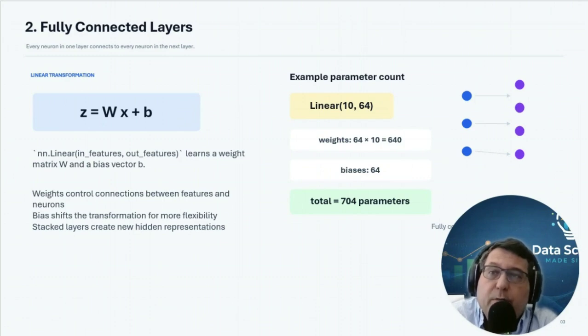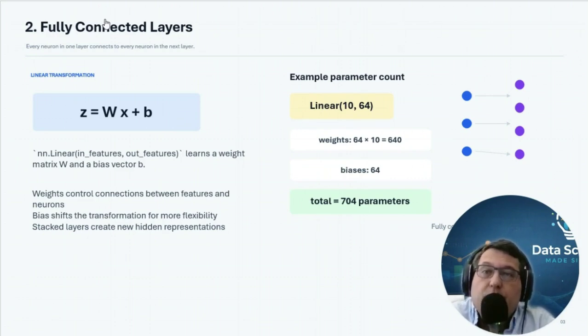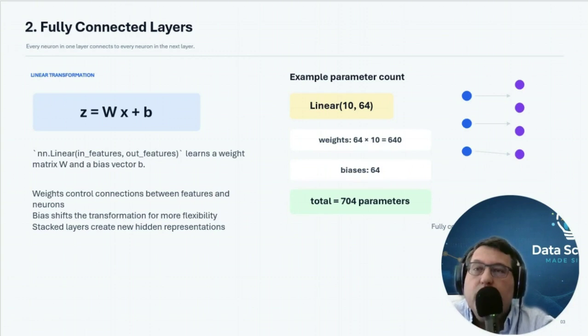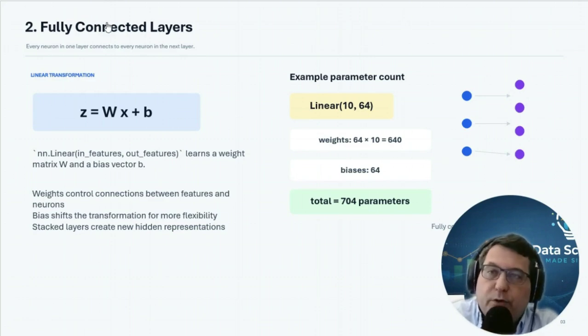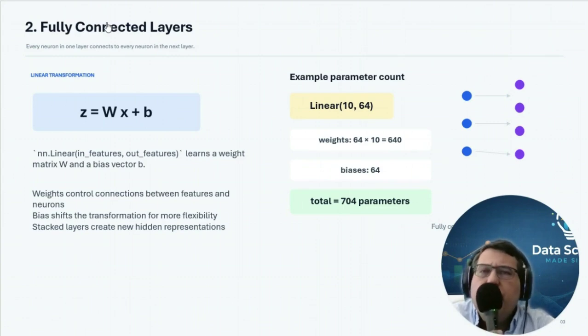Now let's calculate the number of parameters. The weight matrix contains 64 times 10, which is 640 weights. Then we also have one bias for each of the 64 output neurons. We add 64 biases, which gives us 704 trainable parameters. This is a very useful formula to remember for a fully connected layer.